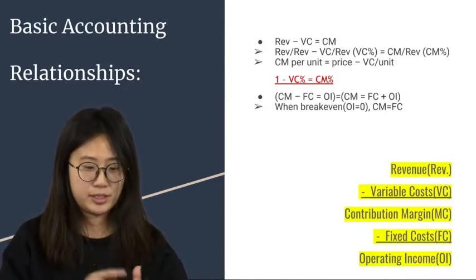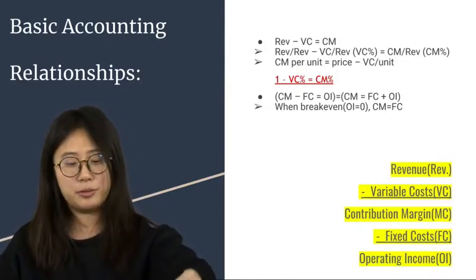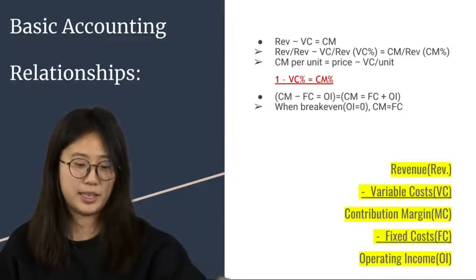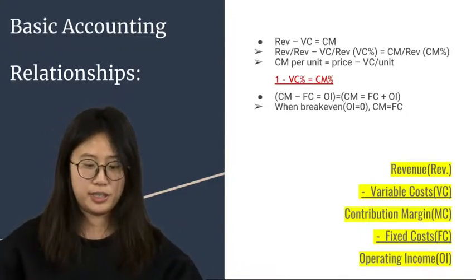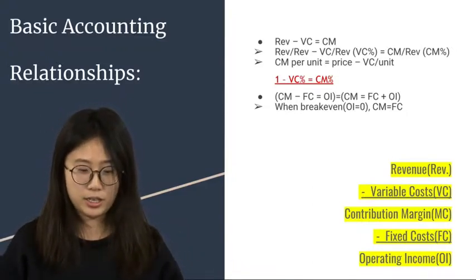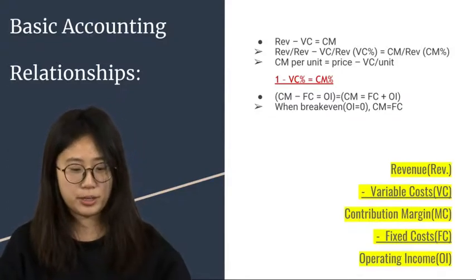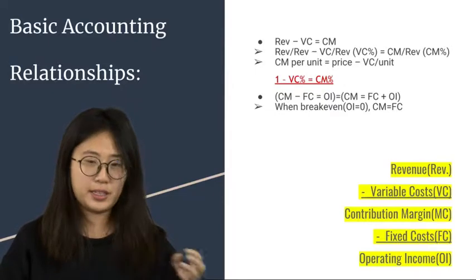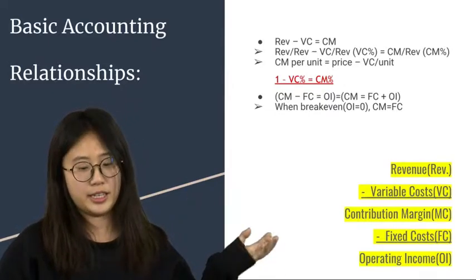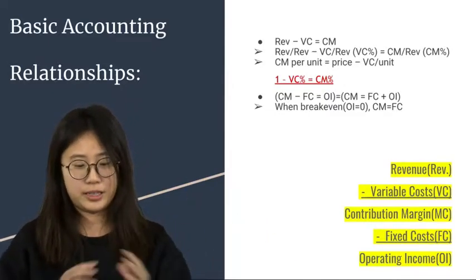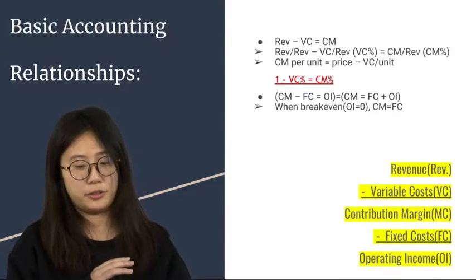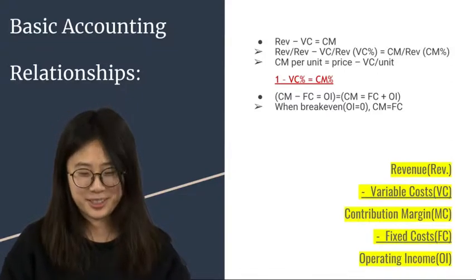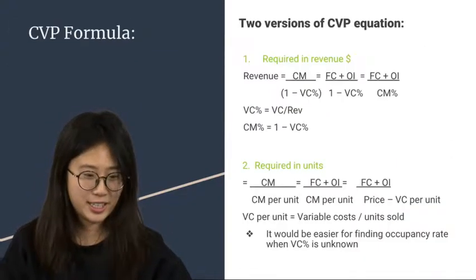Another one is CM minus FC equals your operating income. For the break-even point, your operating income equals 0. At this point, your contribution margin will equal your fixed cost.